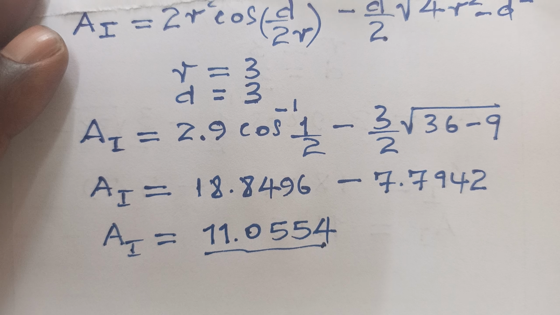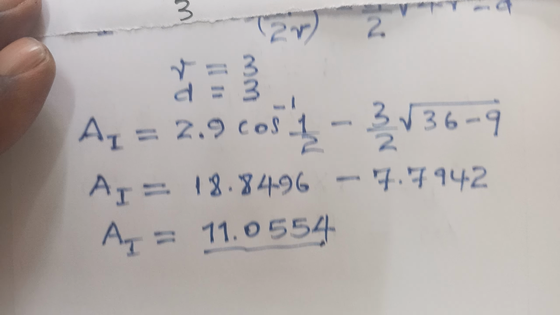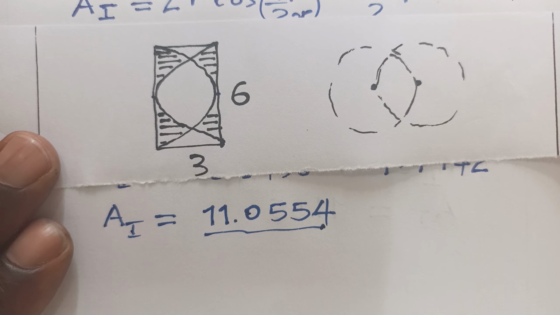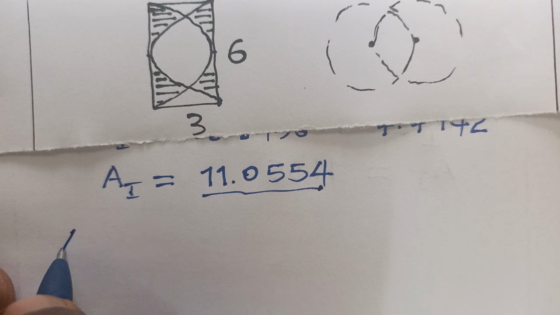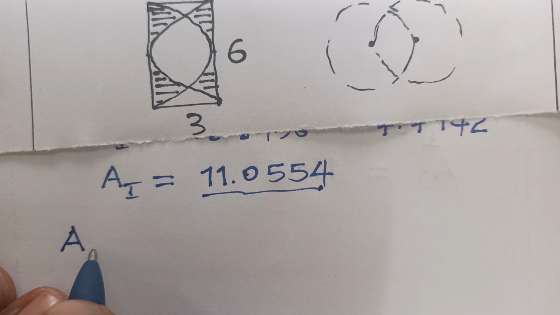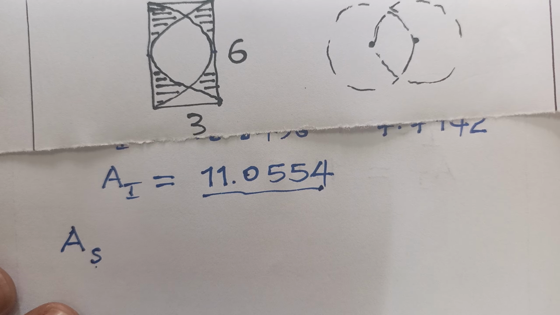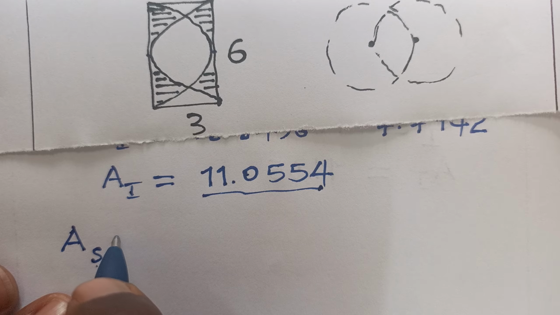Guys, now we come to look for the shaded part. So we have the shaded part right here. For us to get the shaded part, let's call it AS, where S represents the shaded part.